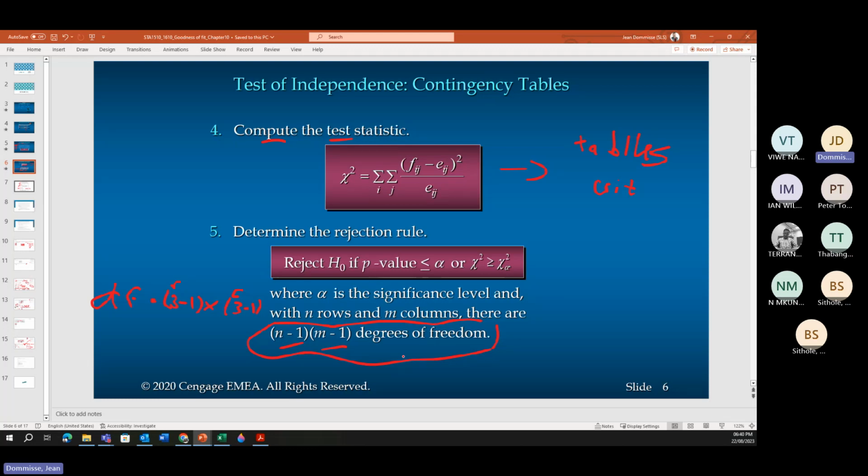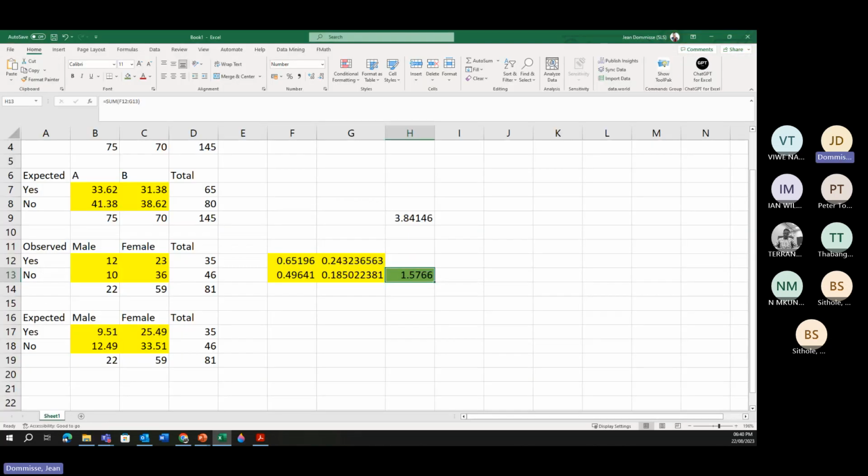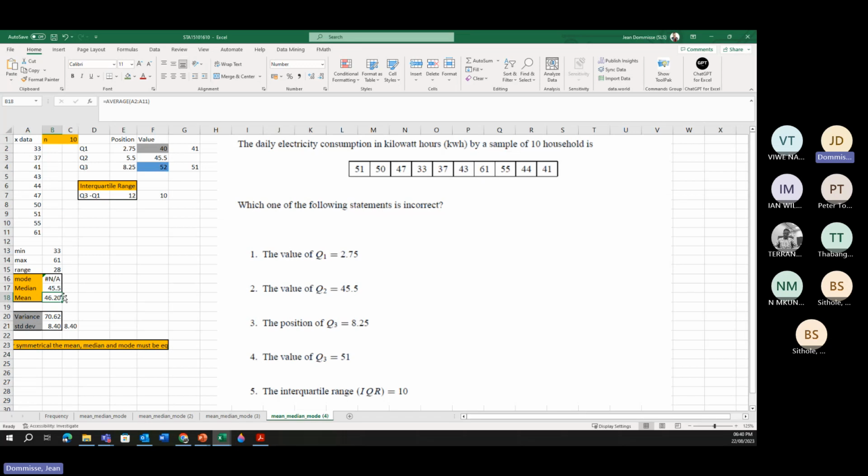Does it make sense? Is it a bit clearer? I will definitely send you my original spreadsheet. Let me quickly show it to you.